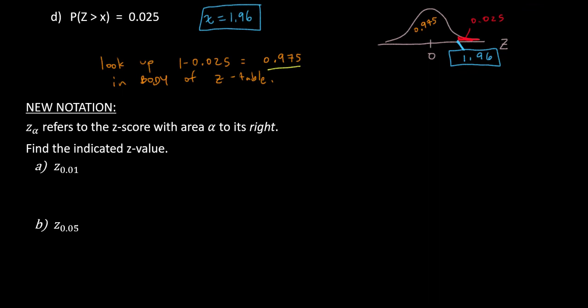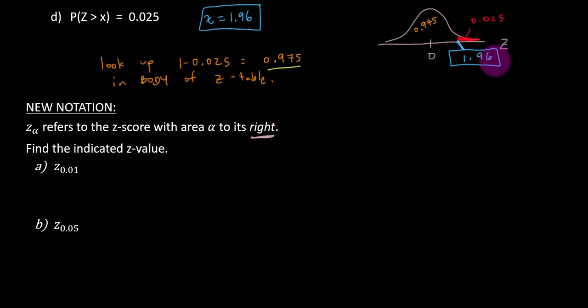We end up utilizing right-sided areas or probabilities very often in our course, so much that even this notation can become quite cumbersome. And so we're going to introduce this new notation. It's called z sub alpha. And this is the z value or z score with area alpha to its right.